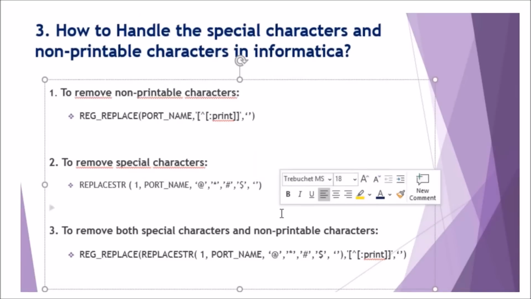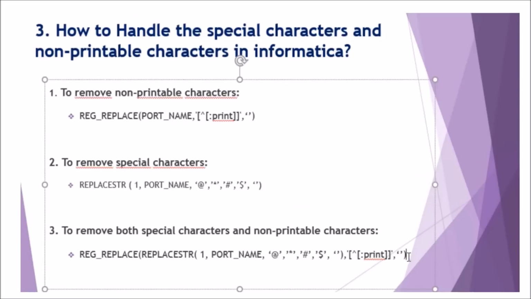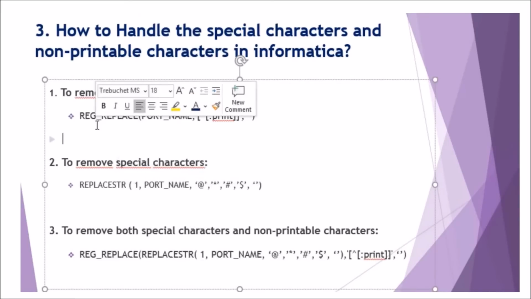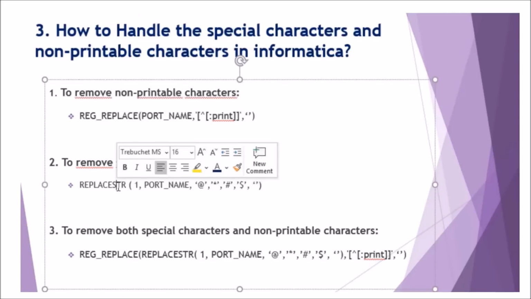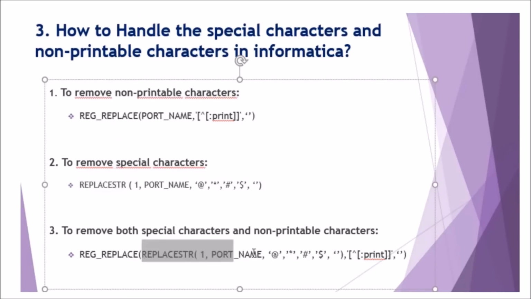The third one is how to remove both special characters and non-printable characters at a time. So this is the syntax. I'm using both functions in a single syntax. You can see here REPLACESTR, this is to remove the special characters, right? First I'm passing this REPLACESTR function in that REG_REPLACE function.